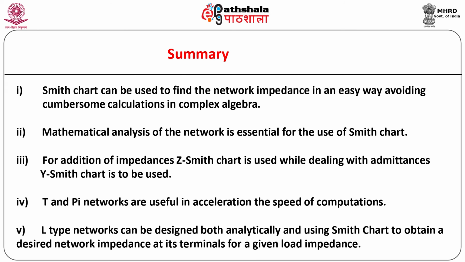However, when we use it as an admittance chart, constant R circles become constant G circles. Constant X circles become constant susceptance circles, that is B circles. The circular distance over a complete circle is lambda by 2. The impedance repeats at an interval of lambda by 2.